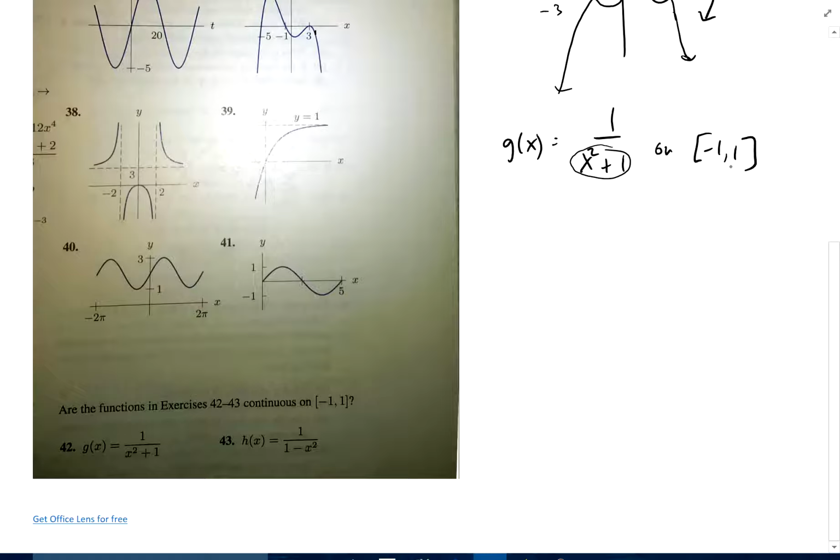Well, any value I plug in from -1 to 1, this will be positive. So x squared plus 1 is always positive. In fact, it's true for any value of x, it's positive. So therefore this fraction is well defined, and so it's continuous because the numerator and denominator are continuous. So yes.